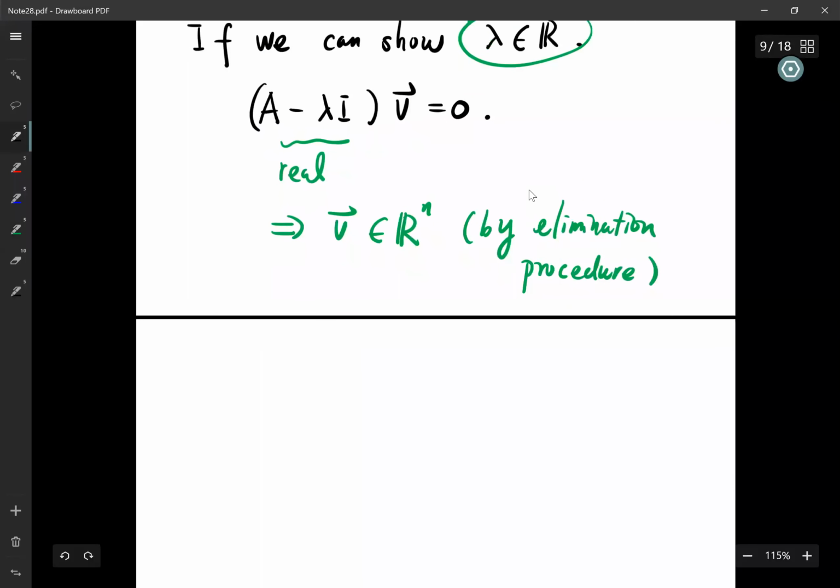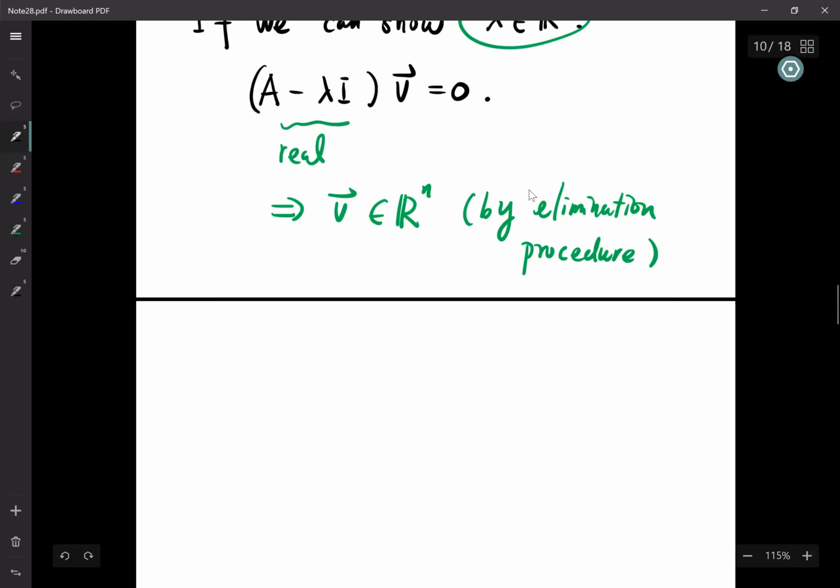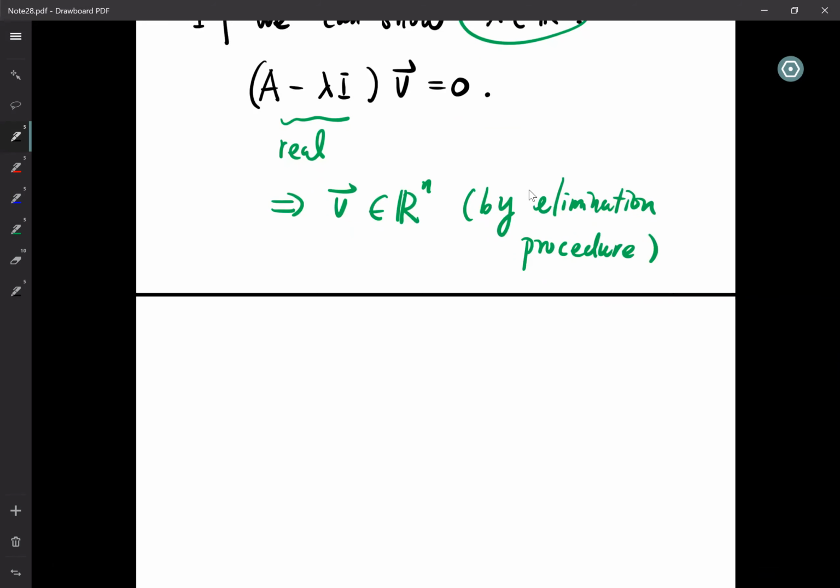How do we show this? Okay, so it's actually a little bit tricky. Let me start from Av equals lambda v. Now I consider the inner product of this thing with v in the complex sense.